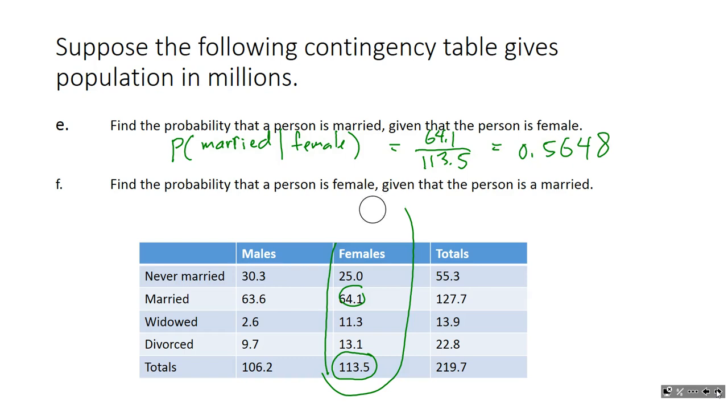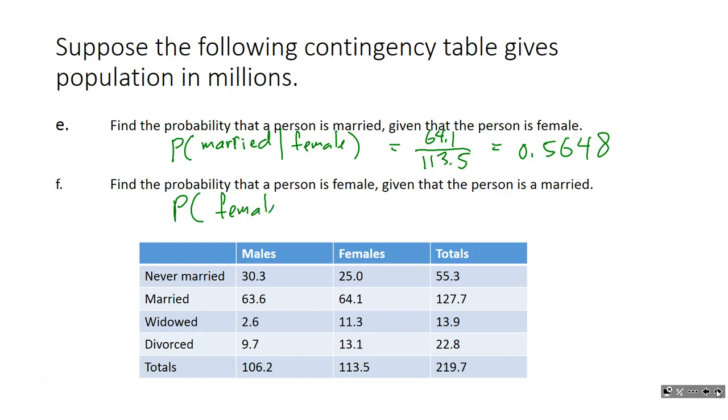Now, one last problem to do. Let me erase this so we can again go and circle relevant information. This time, please notice that it's like the reverse of the previous statement. Find the probability a person is female given that the person is married. And generally speaking, when you turn around the things, you're not going to get the same answer. Now this time, we know the second part.